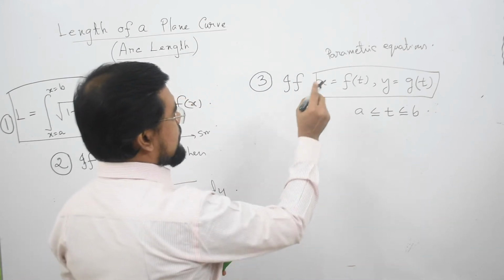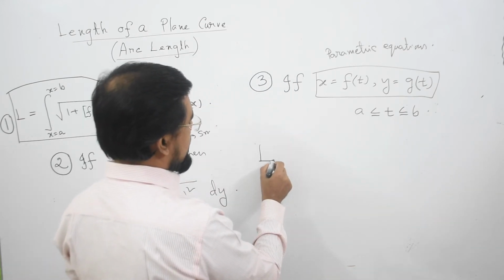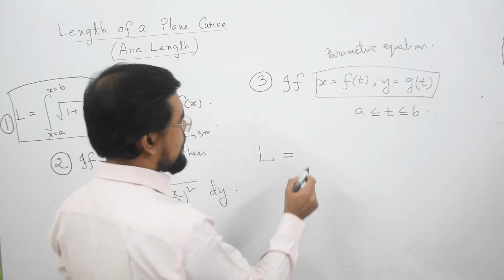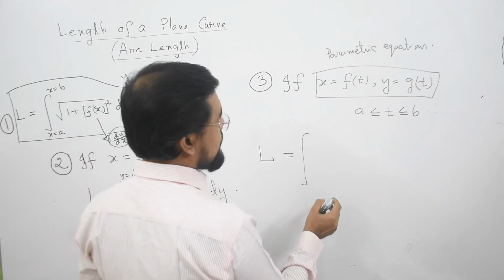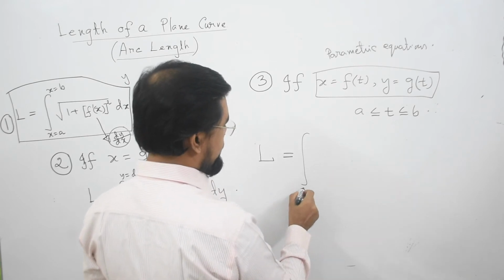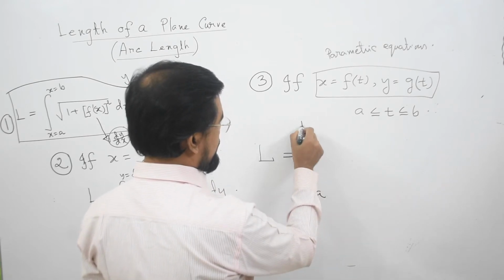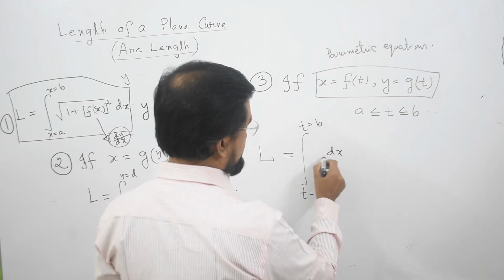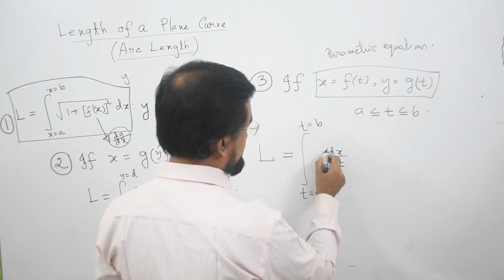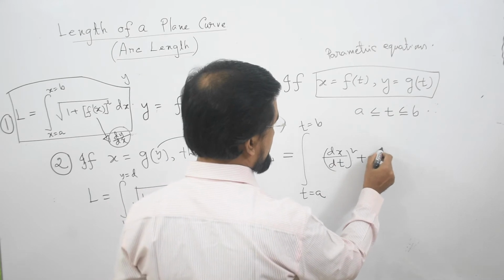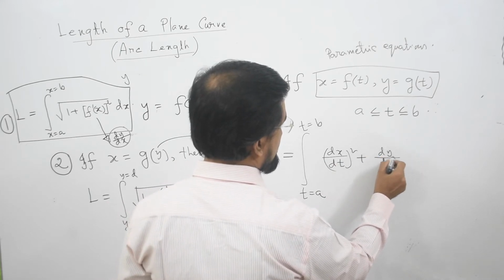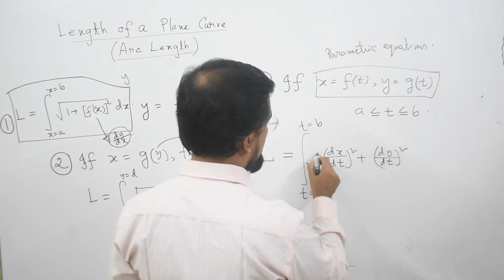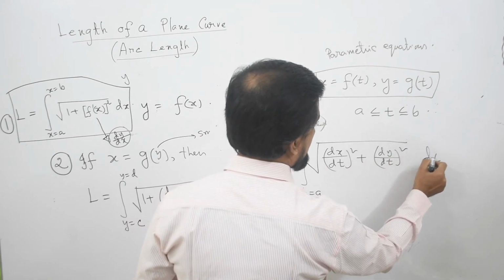So for parametric equations we can also calculate arc length, which is the integration from t equal a to t equal b of square root of (dx/dt) whole square plus (dy/dt) square, dt.